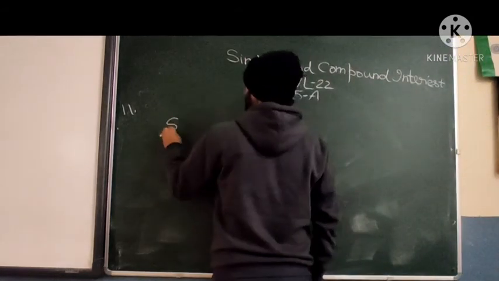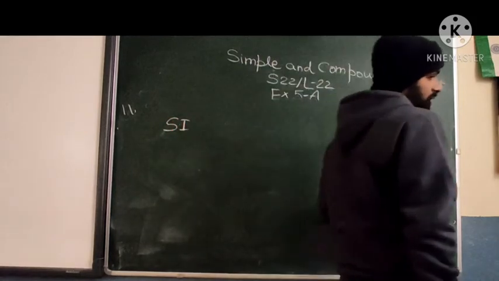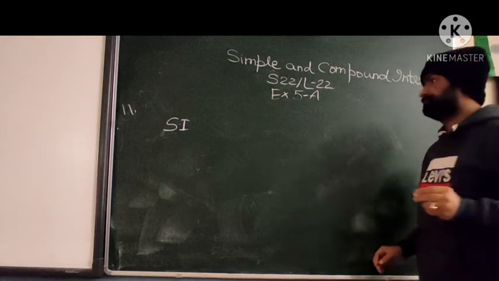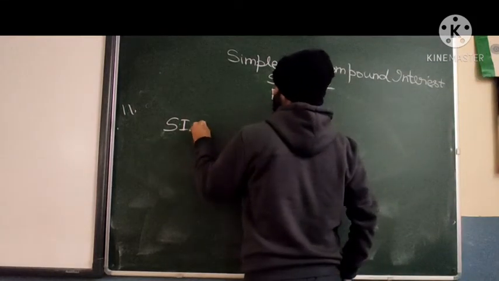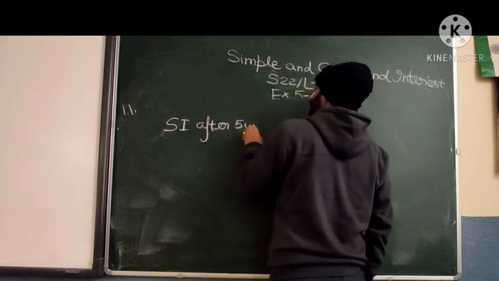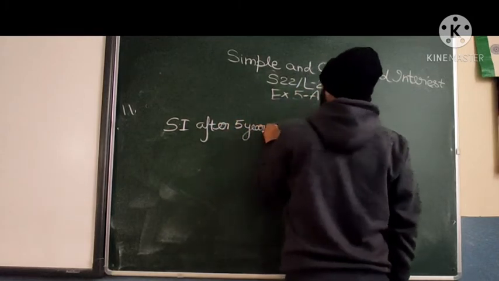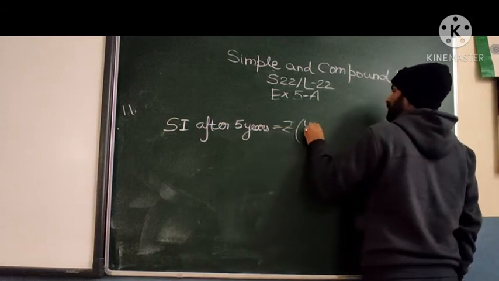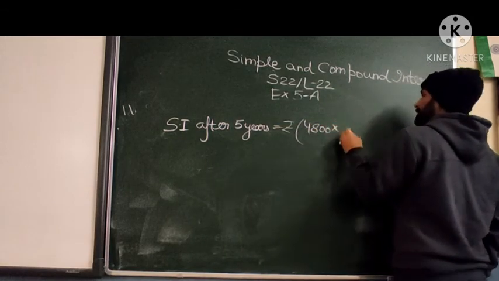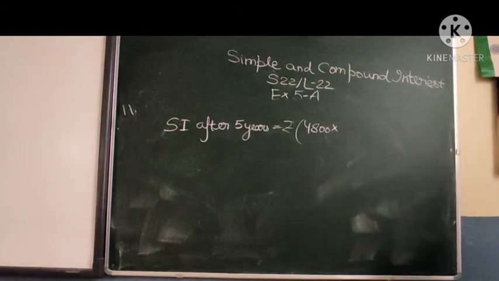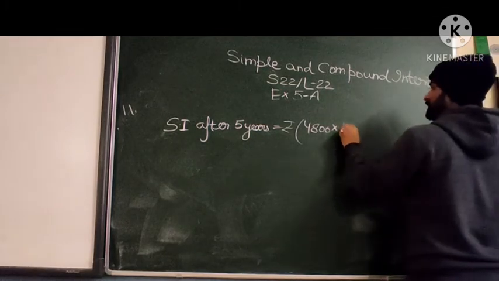So right here, SI or amount, what have they asked? Amount equal to rupees principal 4800, rate is 15 by 4%. So 15 by 4.